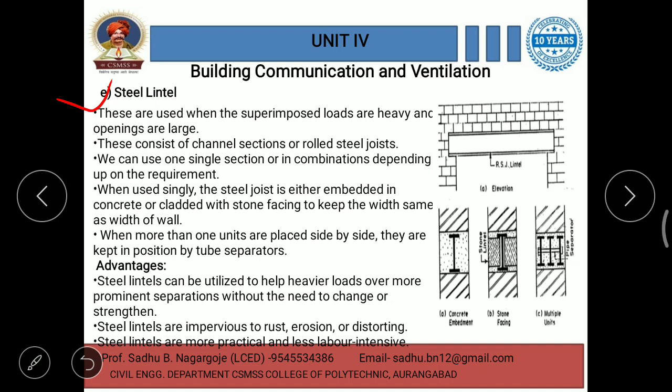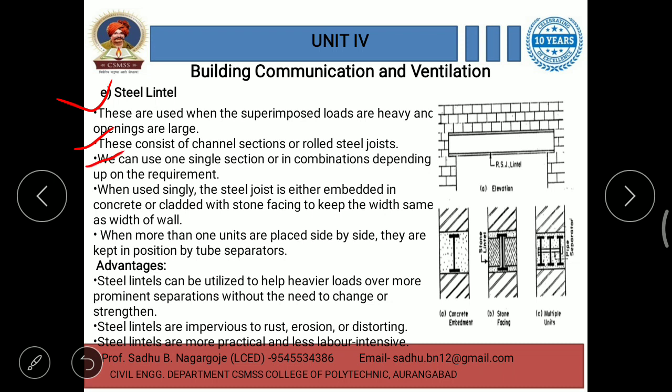These are used when the superimposed loads are heavy and openings are large. Okay, steel lintels are used especially when the superimposed loads are very heavy and openings are large. These consist of channel sections or rolled steel joist.